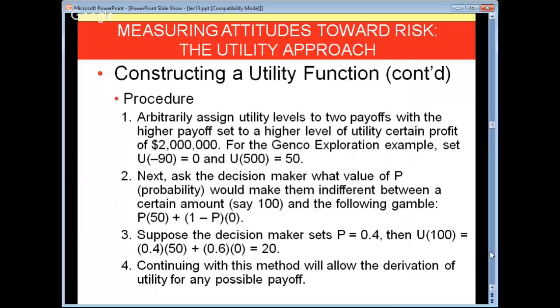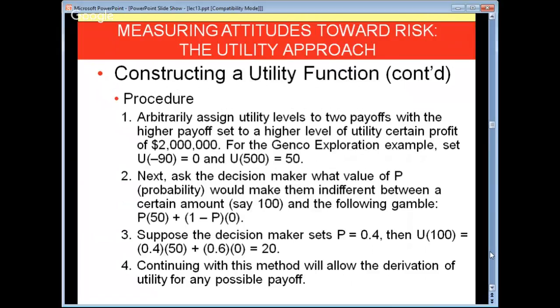Basically, I take the gamble, or you give me 100,000. What's the probability of me getting the 500,000, which gives me utility of 50, that makes me indifferent between those two things? And in this case, the book takes it out of the air and says it's 0.4.